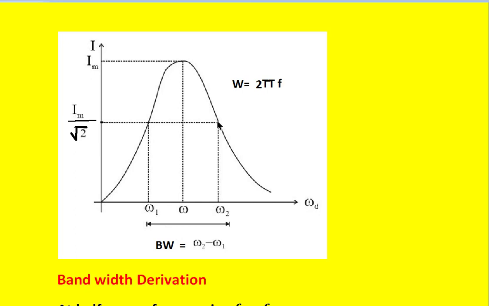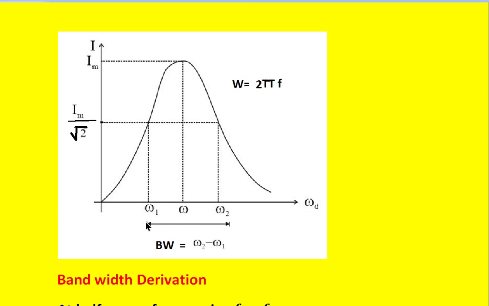Omega 1 is called the lower cutoff frequency, whereas omega 2 is called the upper cutoff frequency, and omega is called the resonance frequency. And the difference of frequency between omega 2 and omega 1, that is omega 2 minus omega 1, is called the bandwidth of the circuit.